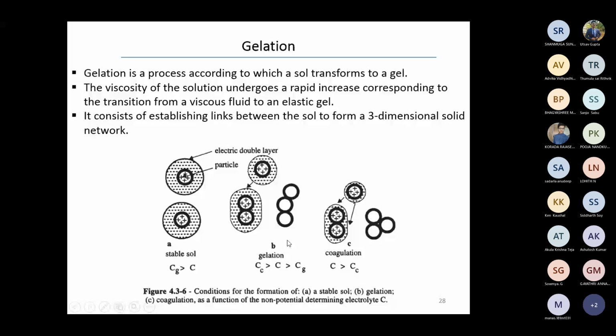There are different conditions in a stable sol: you can see that the particles are not connected, but when gelation happens they connect and form a network. In coagulation, connections could form anywhere, but gelation is a particular process where you get a network. It differs from coagulation.